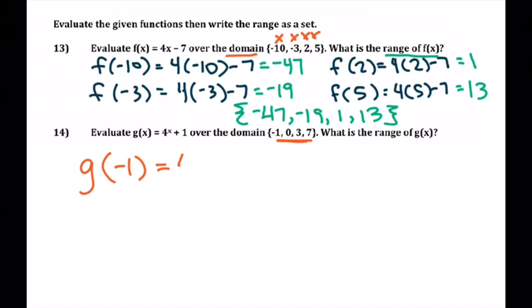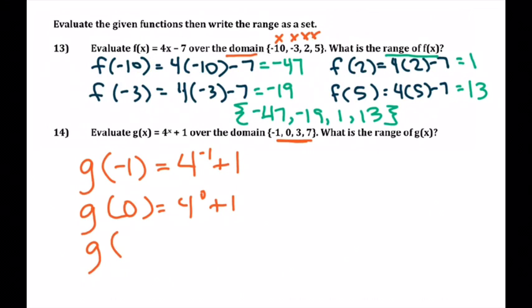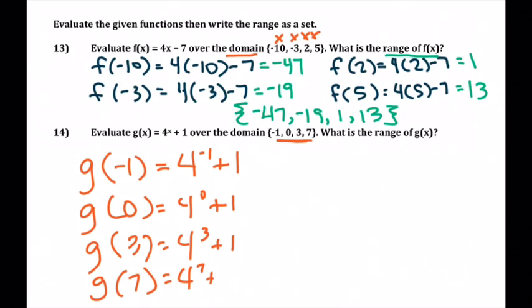So write it out. 4 to the negative 1 is 1/4 plus 1, and that's 1.25.